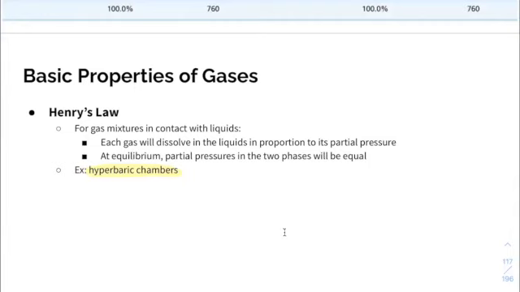And it helps to treat people who have some kind of anaerobic, so non-oxygenated bacteria, such as tetanus or gangrene. So that's where hyperbaric chambers are used. It's used to force more oxygen into the blood for these types of illnesses.